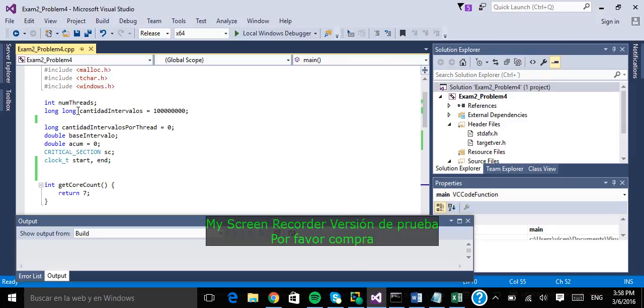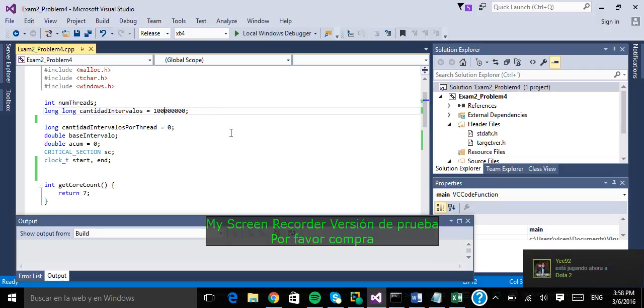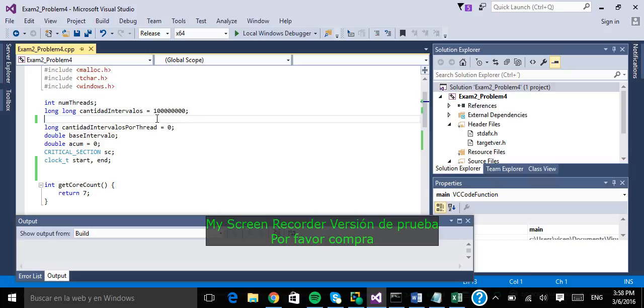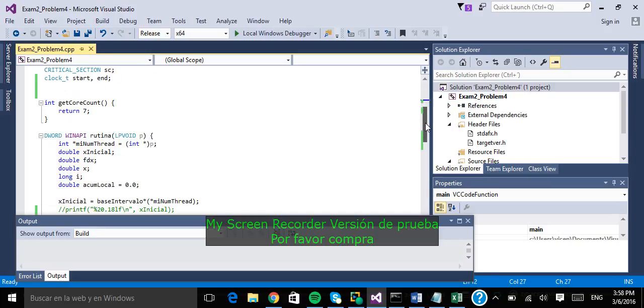So the solution we applied for the code, well, first of all, I have to mention that we had some trouble with the long variable, as it had some overflow, and we managed to fix that problem by adding another long to this variable, the amount of intervals, cantidad de intervalos.